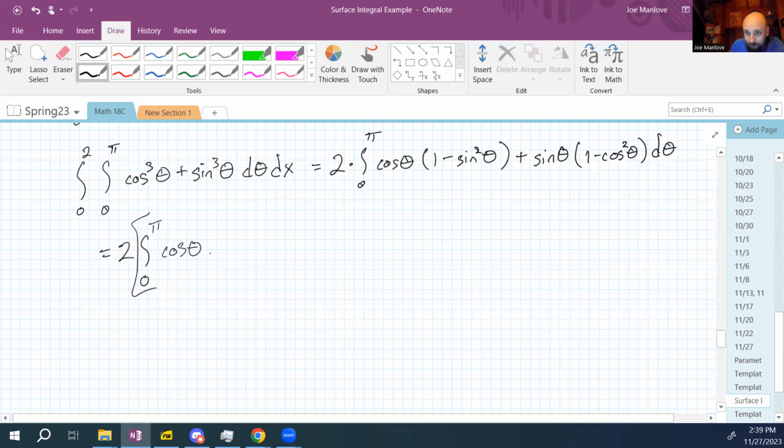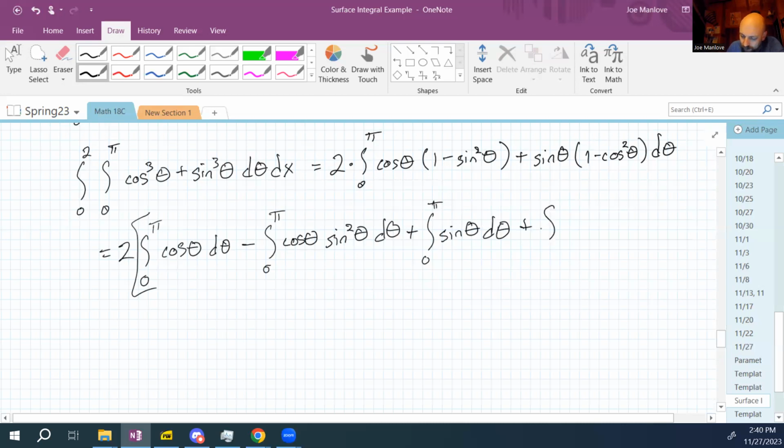I'm going to split all these up so I can do them individually because I don't want to mess around with this too much. d theta minus the integral from 0 to pi of cosine theta sine squared theta d theta plus the integral from 0 to pi of sine theta d theta plus the, oops, not plus, minus the integral from 0 to pi of sine theta cosine squared theta d theta. Okay.